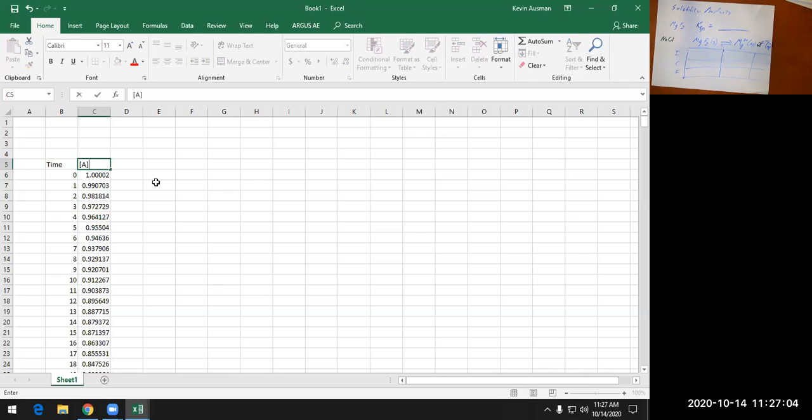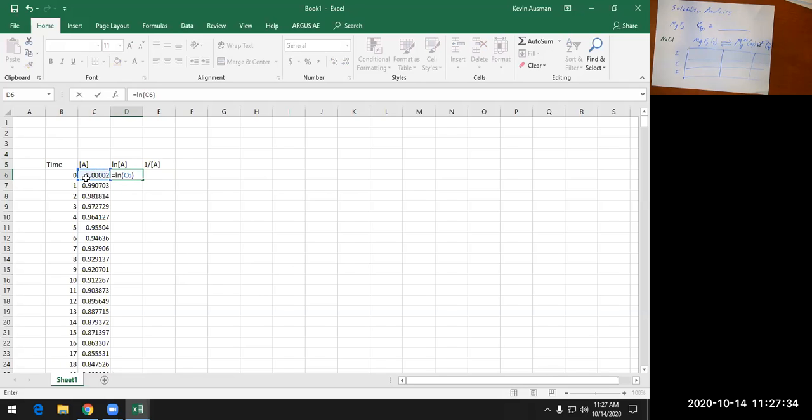This is concentration. If we want to see what kind of reaction order it is, we're going to want a column that's going to be natural log of concentration, and we would want one that's going to be 1 over concentration so that we can test each of the possibilities. And I go through how to do all of this in the tutorial. So if we put a cursor here, we can say equals natural log of this cell.